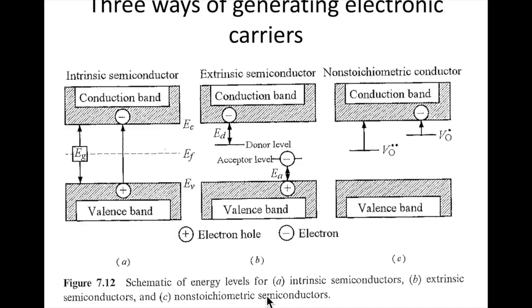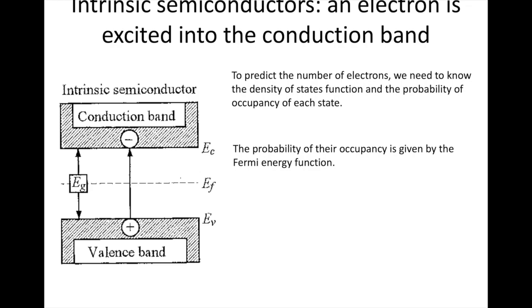All right, so now let's look at the first type of generation of electronic carriers, the intrinsic semiconductor. So again, we've gone through this in the previous section, but I just want to review this really quickly. In intrinsic semiconductors, we have a valence band and a conduction band, and what we're doing is we're exciting an electron from the valence band across the band gap, Eg, to the conduction band.